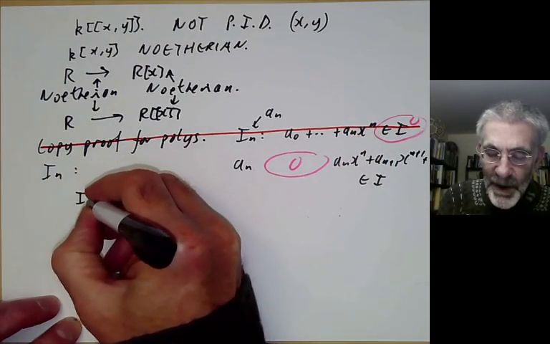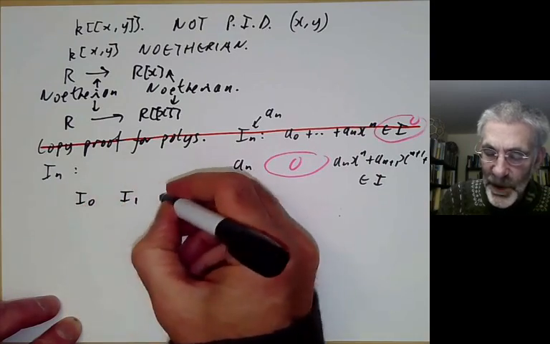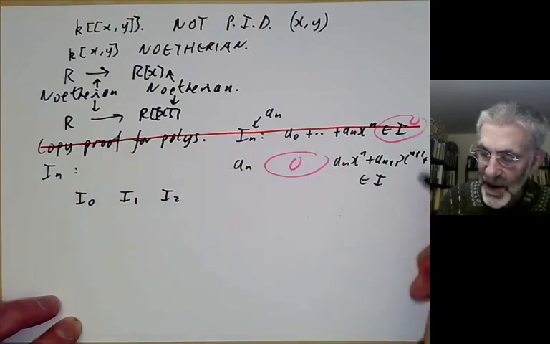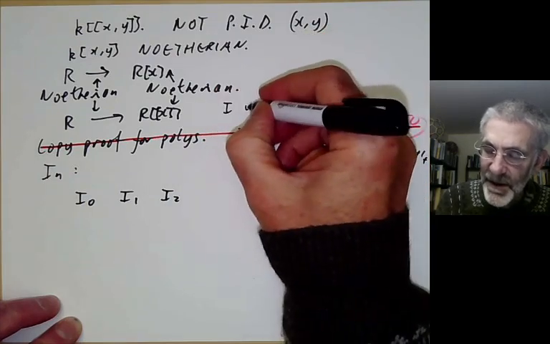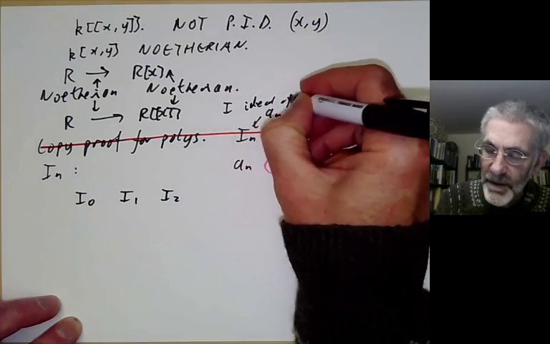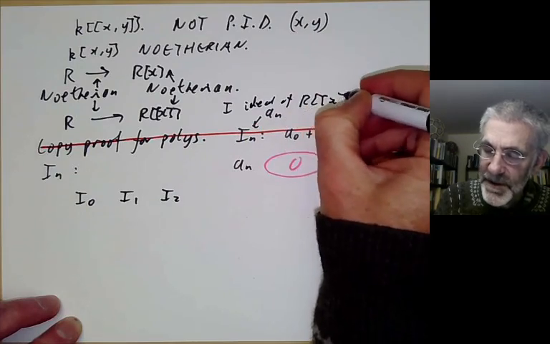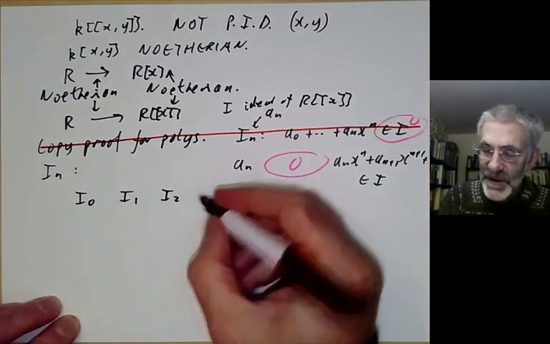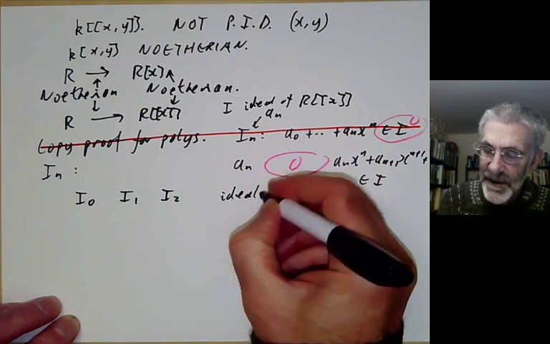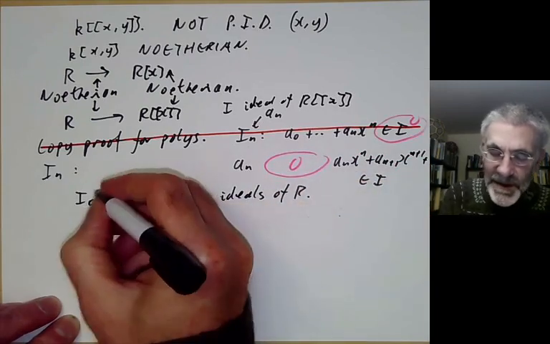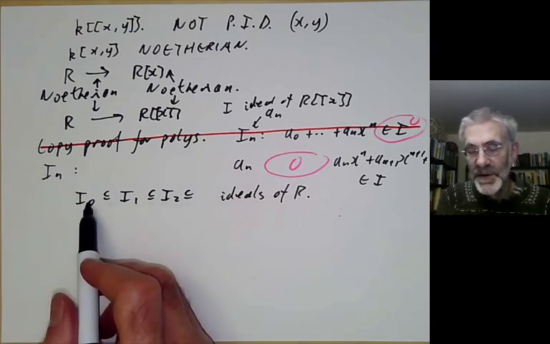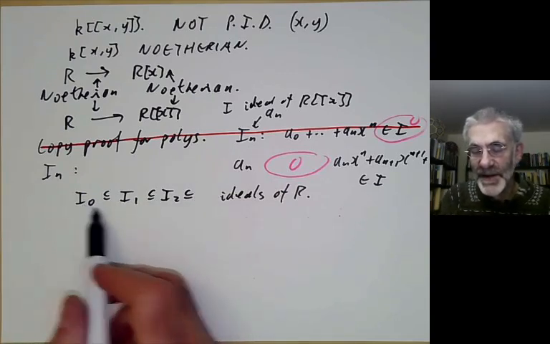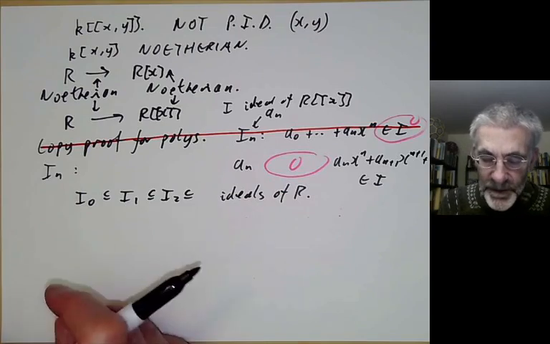So anyway, now we have ideals I0, I1, I2 and so on if we're given an ideal I. So I should have said let I be an ideal of R[[x]]. And we get a sequence of ideals of the ring R, and it's easier to check we get an increasing chain of ideals because you can just multiply by x to go from I0 to I1 and so on.